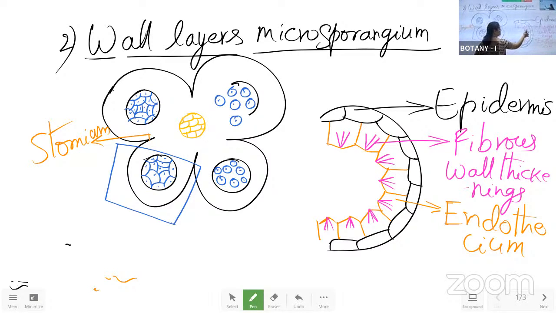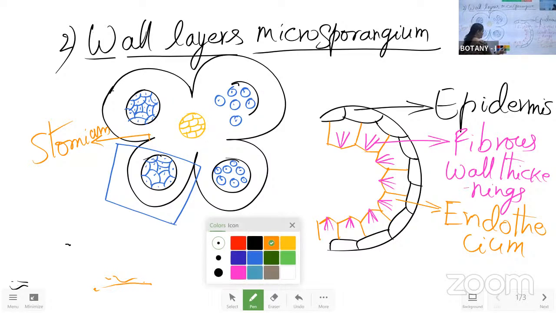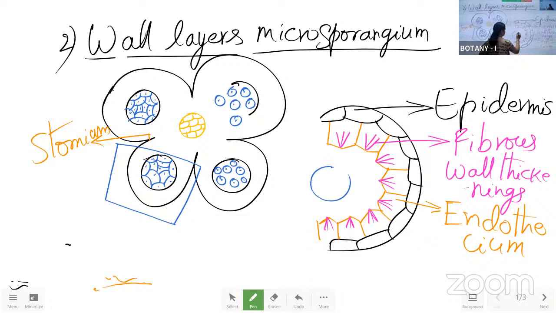For that, they have the fibrous wall thickenings, which give the support for the endothelial cells. Okay, and next comes the third wall layer, which is the middle layers. These middle layers are many in number, minimum to maximum 7.